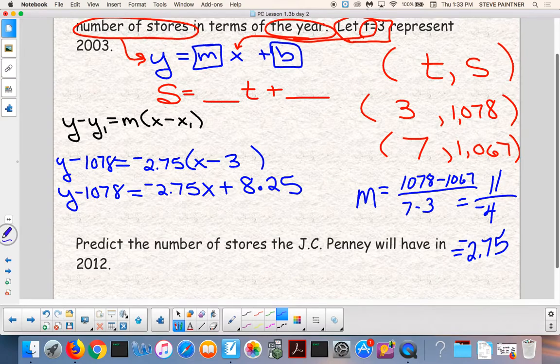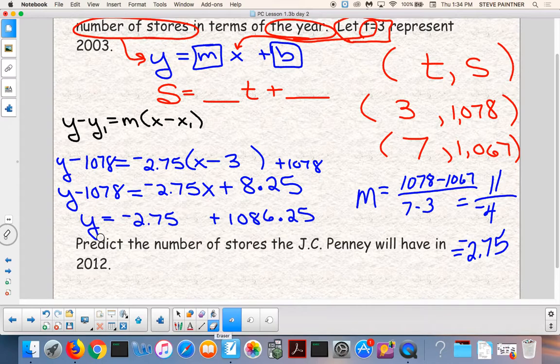How do you get rid of subtraction? You add. When you add the 1078 over there, you get 1086.25. And I did the same thing I did last hour. I forgot, they replaced the x's and the y's with what 2 letters? T and S. Okay, so I'm going to go back and replace those.